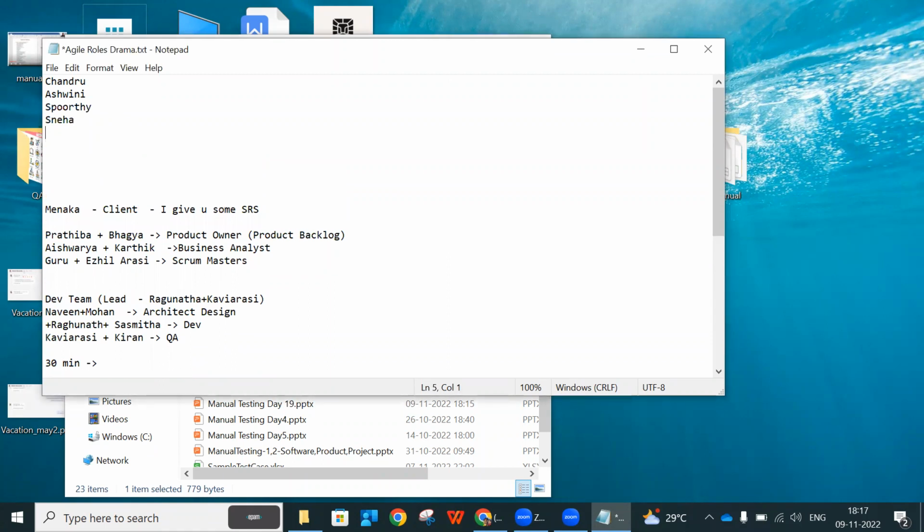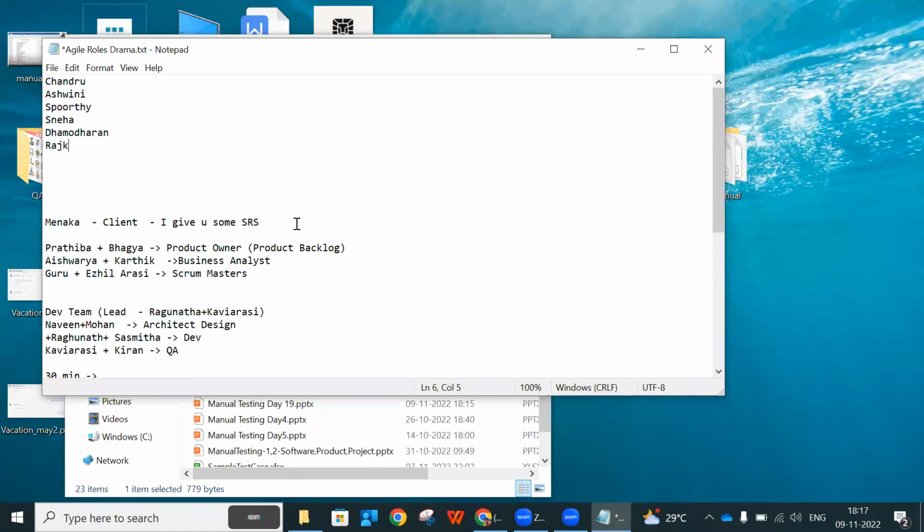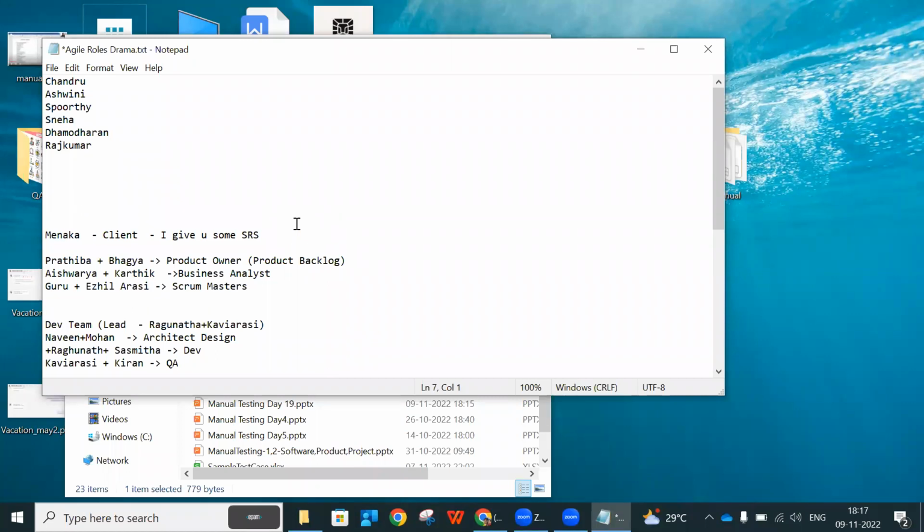Damodaran. Rajkumar, Damodaran, I have included Spurti. Dharani, sorry, I left you. Dharani. Okay, I think I have only this many people. 1, 2, 3, 4, 5, 7.